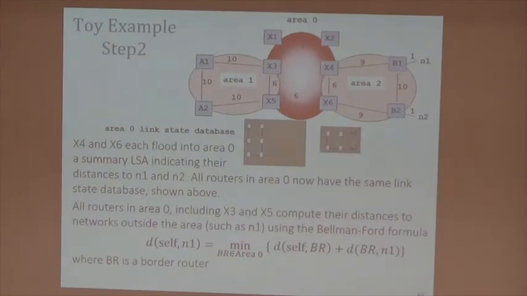Through the flooding mechanism inside area 0, all routers in area 0 will discover those values. So, for example, X1, X3, X5 will know that X4 knows of N1 and N2 with certain distances, and X6 as well. Now, what could routers in area 0 do? Well, they could rerun Dijkstra.